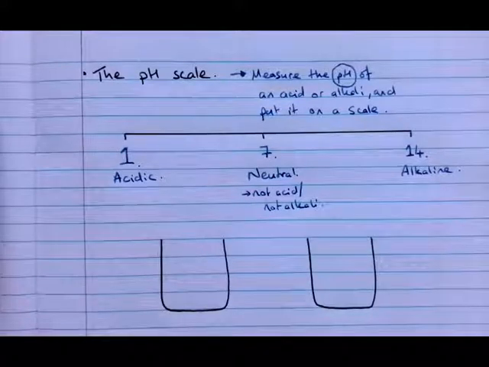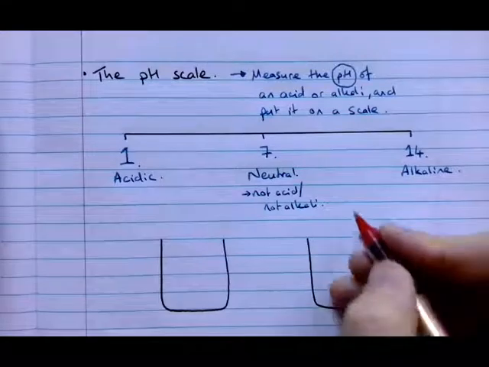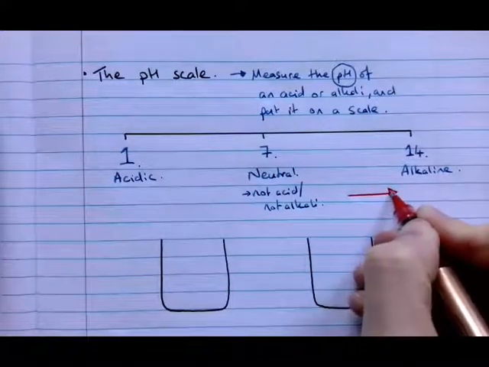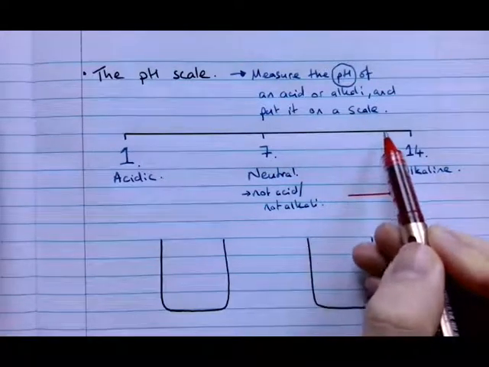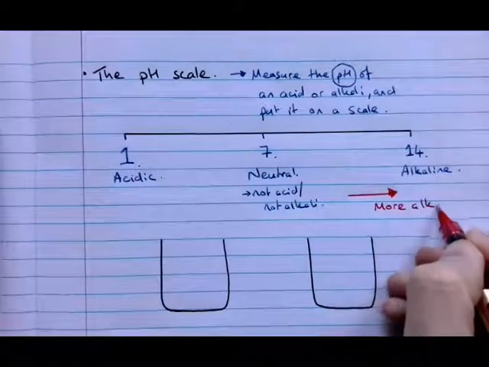Okay, so why is this useful? Well, it's useful because as you go along the scale, so as you go from 9, 10, 11, 12, 13, things become more alkaline.